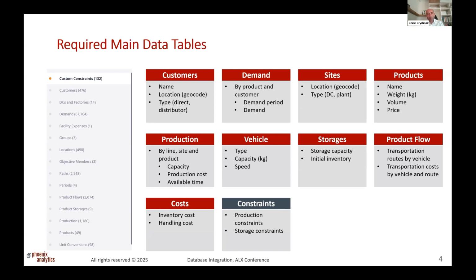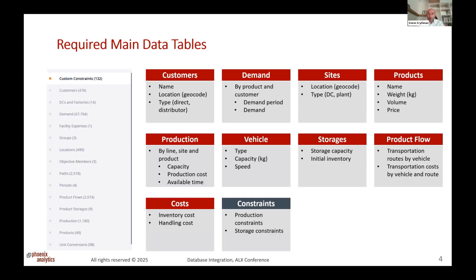This is in terms of the number of pallets that can be stored, but shelf life can also be represented. If, for example, some products have a 3 months shelf life, then you cannot keep them in your inventory for more than 3 months. So these are the main data tables.